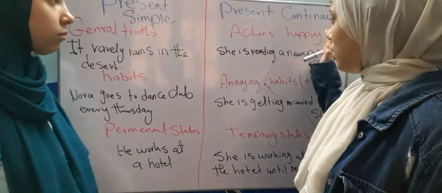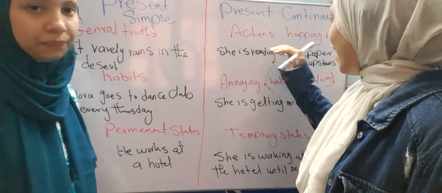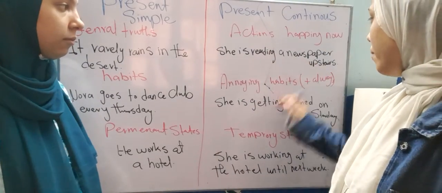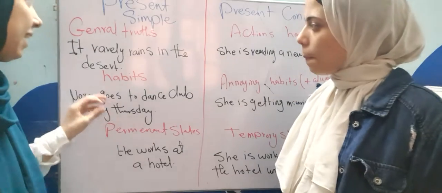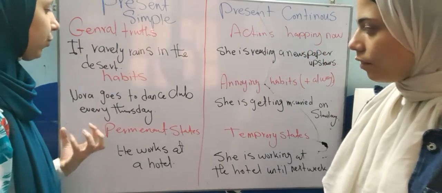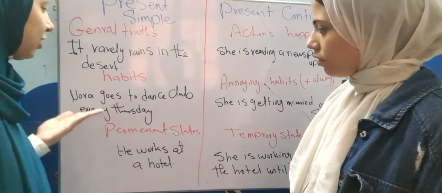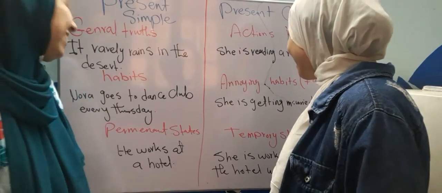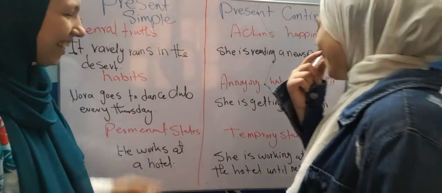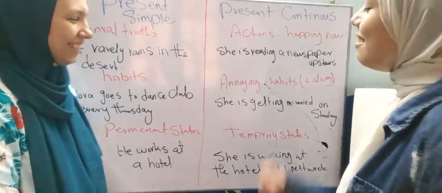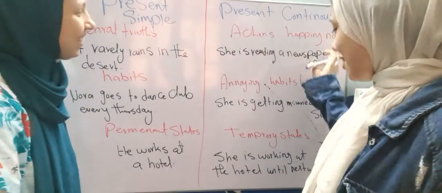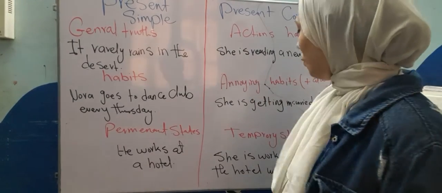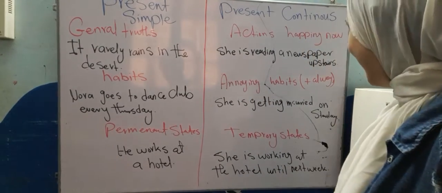And in the present continuous, we describe an action which is happening right now, like she is reading a newspaper upstairs. But in the present simple, we use habits, like Nora goes to the dance club every Thursday. And in the present continuous, we take an annoying habit plus always, we say she is getting.